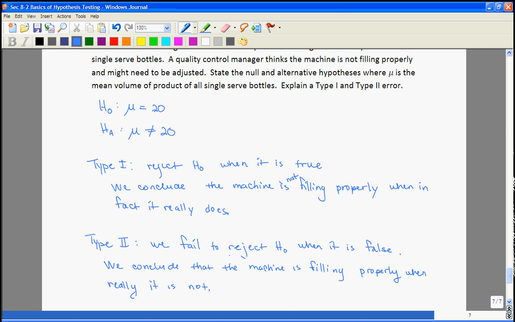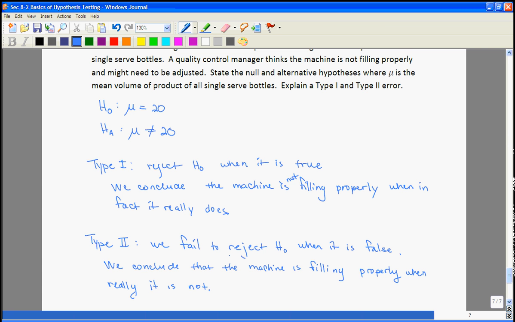So in type 2, there really is a problem and we don't catch it. So we're saying, oh, it's fine, it's filling at 20 ounces, when maybe some shipments go out and they're not quite 20 ounces or maybe they're a little bit above. So this mistake here is we fail to reject H naught when H naught really is false. Type 1 is we reject H naught when in fact it is true.